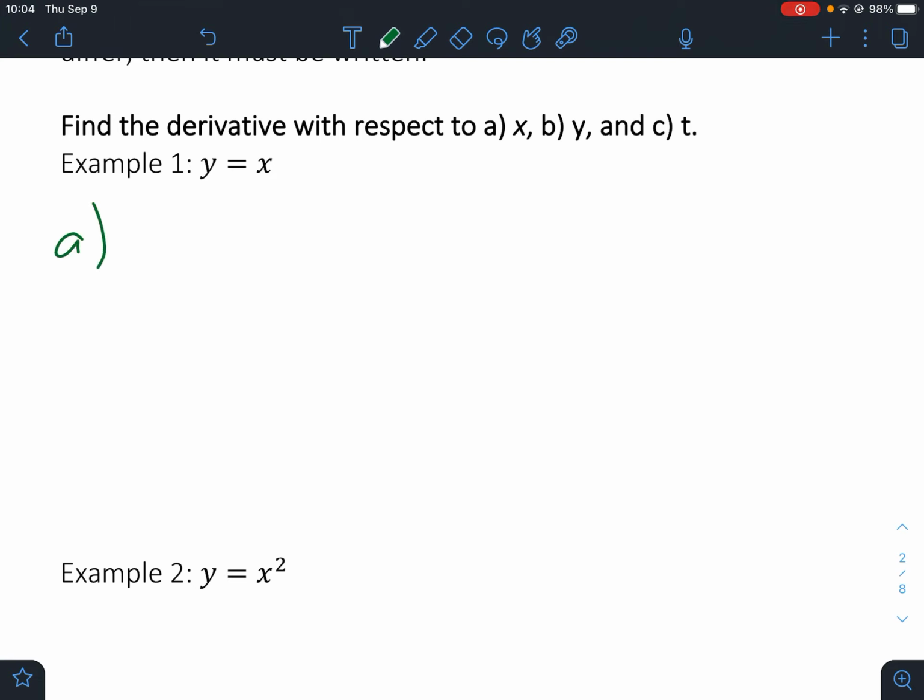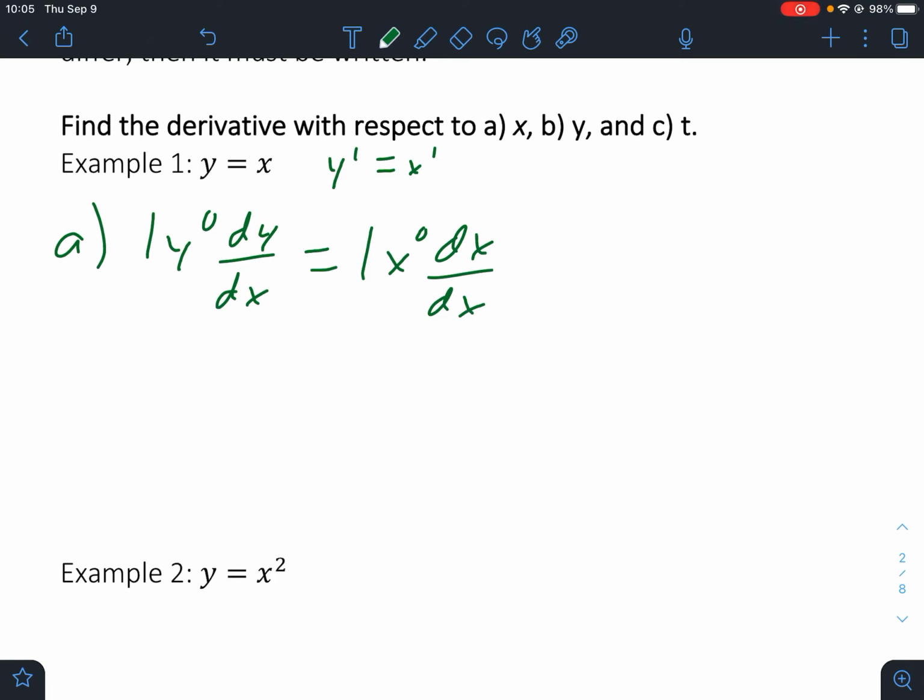So with respect to x, this is like y to the first, right? I'm just going to rewrite this. It's y to the first equals x to the first. Using our power rule, it's 1 y to the 0 times the derivative of y, which is dy, respecting x, which is dx. So it's 1 y to the 0 dy dx. And on the right side, we have 1x to the 0, and then the derivative of x, which is dx, respecting x, is dx.